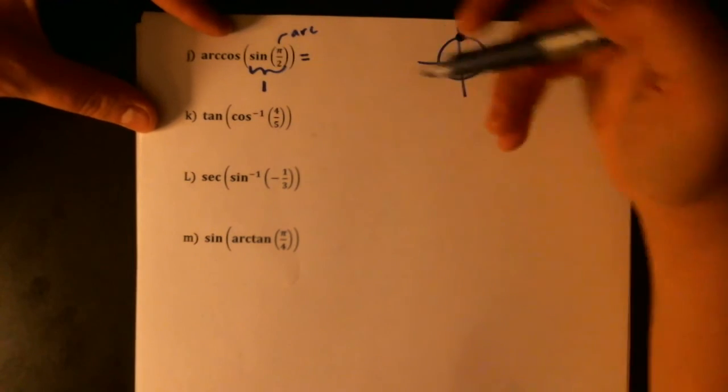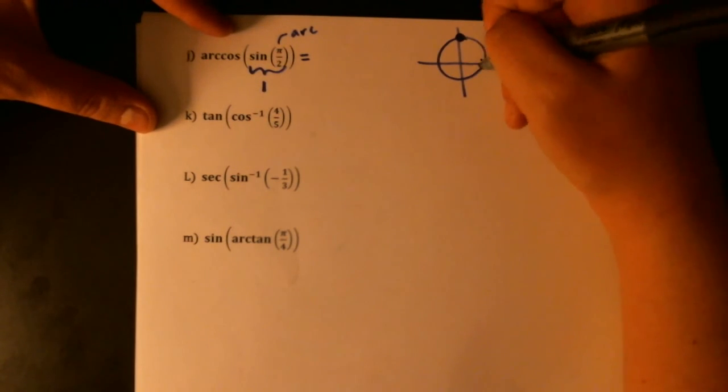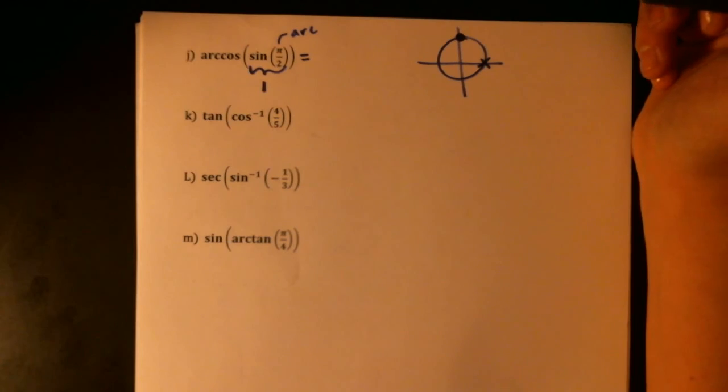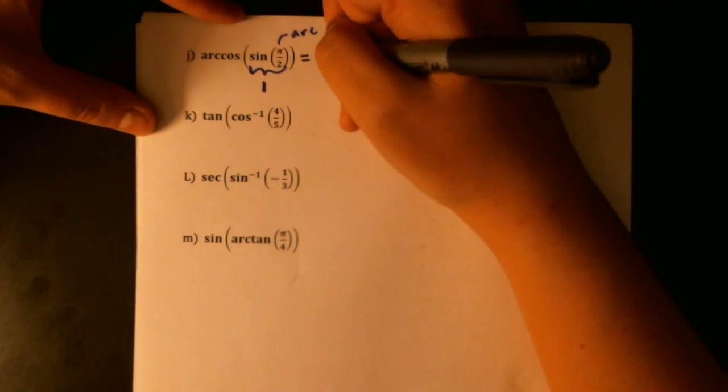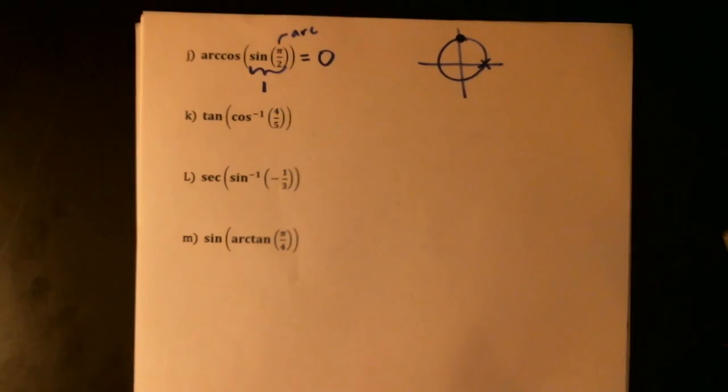So now the arc cosine says, oh, my x coordinate is 1. What is my arc length? And the answer is 0. So let's see if I can figure out how to say that last one in a way that I at least liked. So this one is saying what x value is the same as the y value you get at the end of arc length pi over 2.